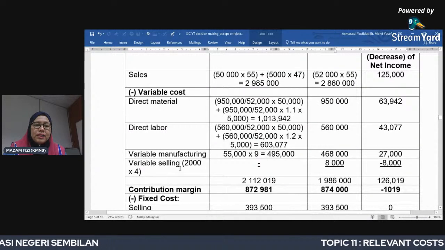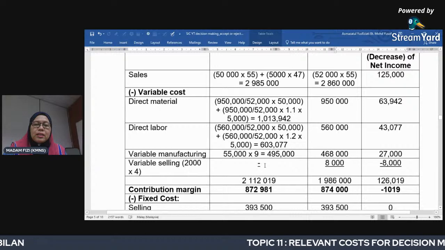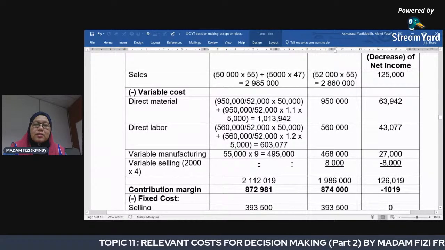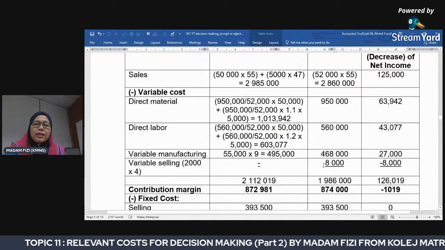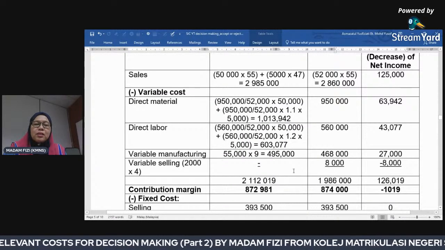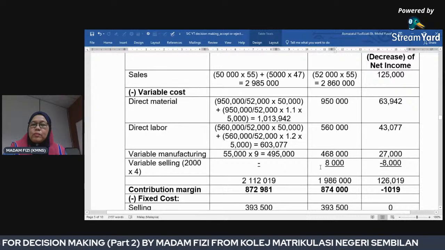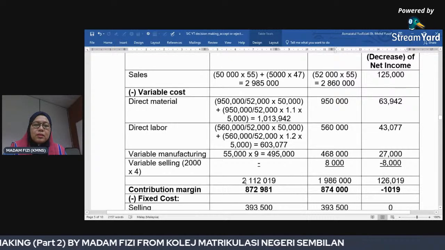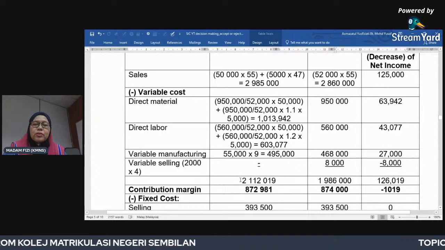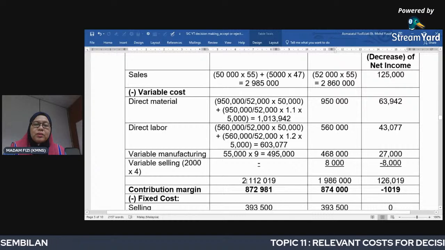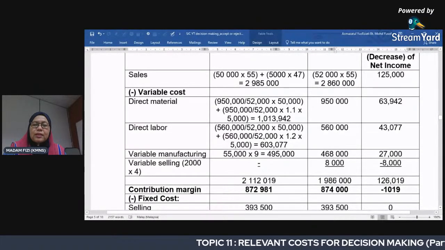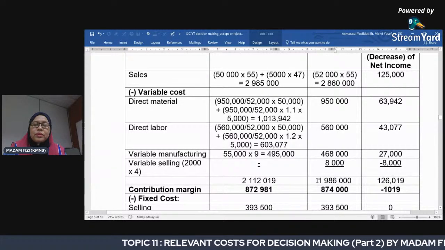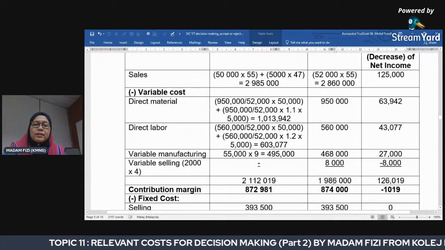And for variable selling, jika if we accept tak ada. So kalau asal ada 208,000. Okay, so itu saja untuk variable cost. So you calculate the variable cost for accept is 2,112,019. If you reject, 1,968,000.